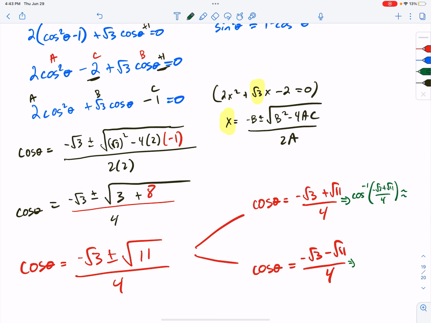And then similarly, we're going to do cosine inverse of negative root 3 minus root 11 divided by 4, and that's going to give us something also. So typing this into the calculator, let's see what we get. Again, make sure you're in radian mode. So inverse cosine of negative square root 3 plus square root 11 divided by 4.